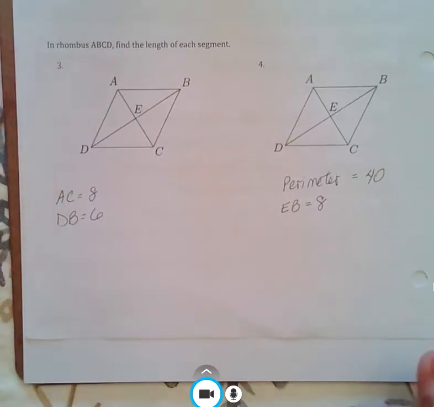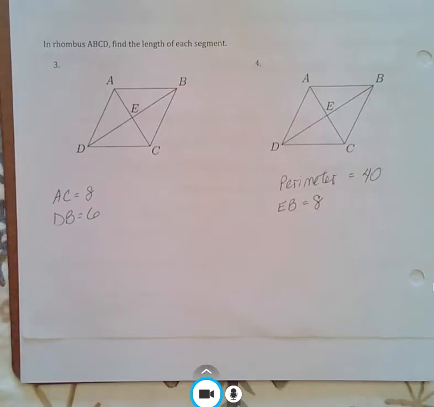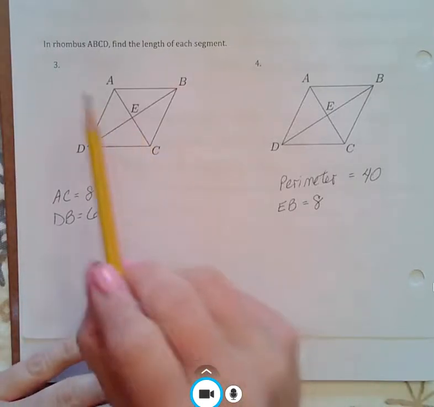Okay, so now we are back with right triangles. We did lots of work on right triangles, and we said, okay, there are lots of different ways to solve right triangles. We used the Pythagorean theorem, we used our special right triangles, we used trig, and if we were in the classroom, we'd be using a lot of those all over again. But we'll kind of take it light, and we're going to start here today. So now, we have a rhombus.